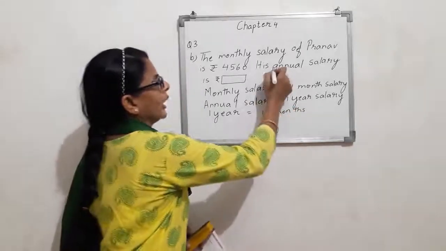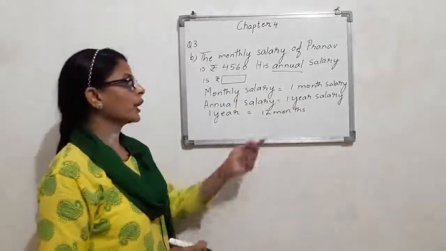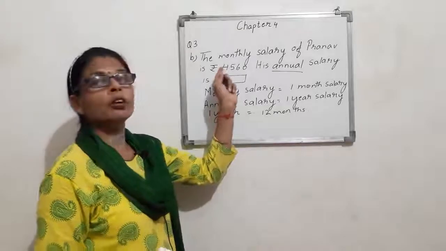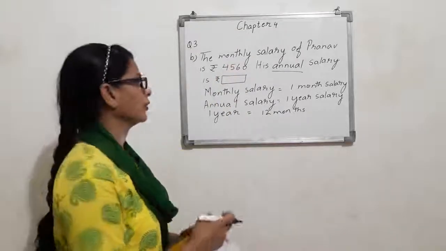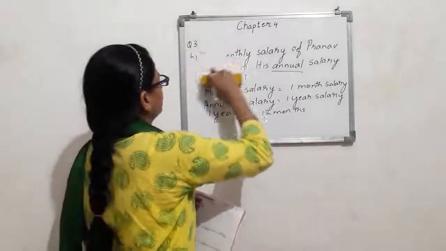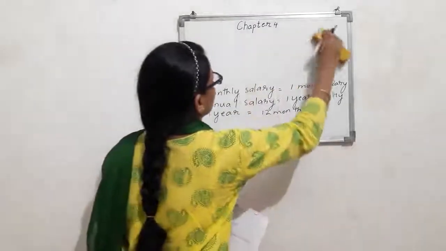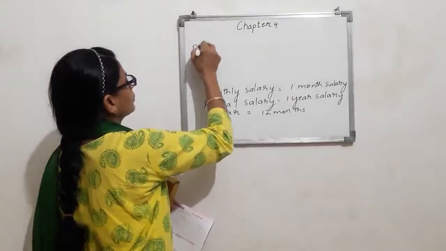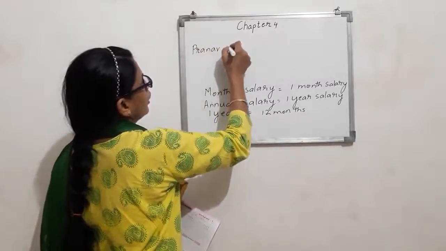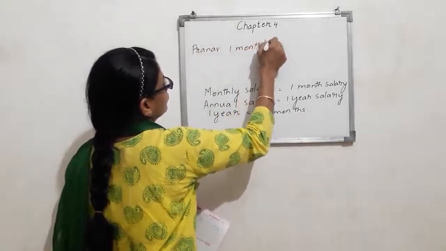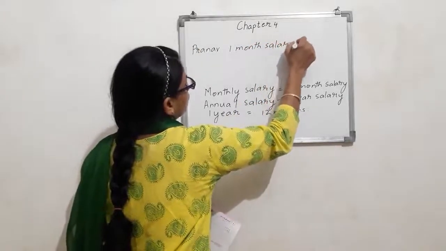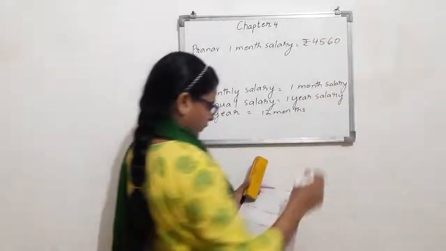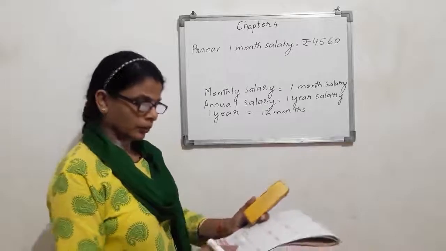So we have to find the annual salary. Annual salary means we have to find the salary of 12 months, right? Now what is the first statement? What is given? Rupees 4,560, right? So first statement will be Pranav 1 month salary equals to rupees 4,560. Another thing he is asking for the annual salary.